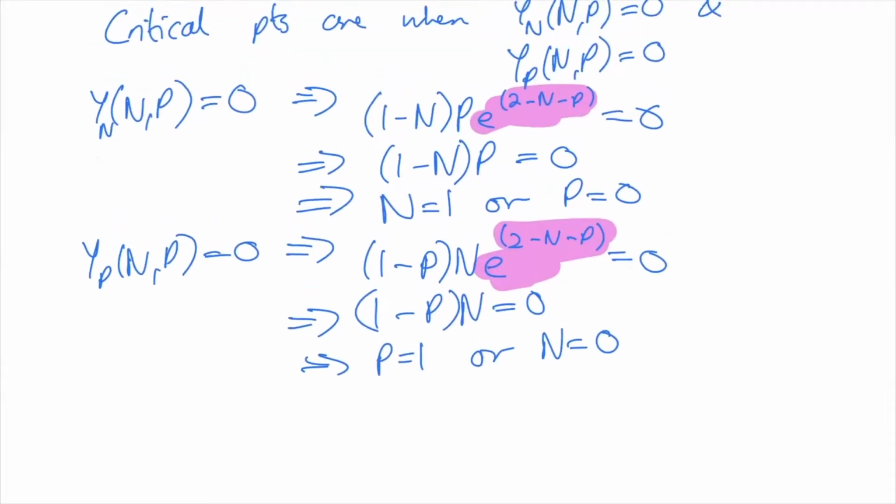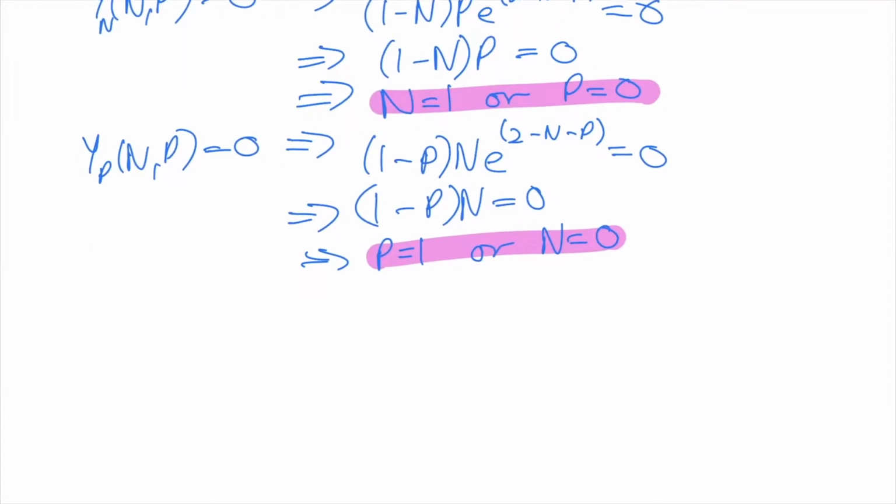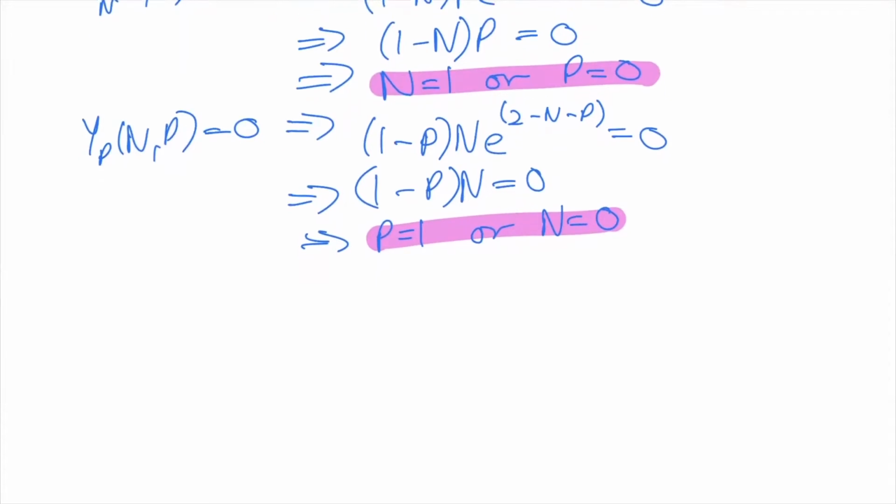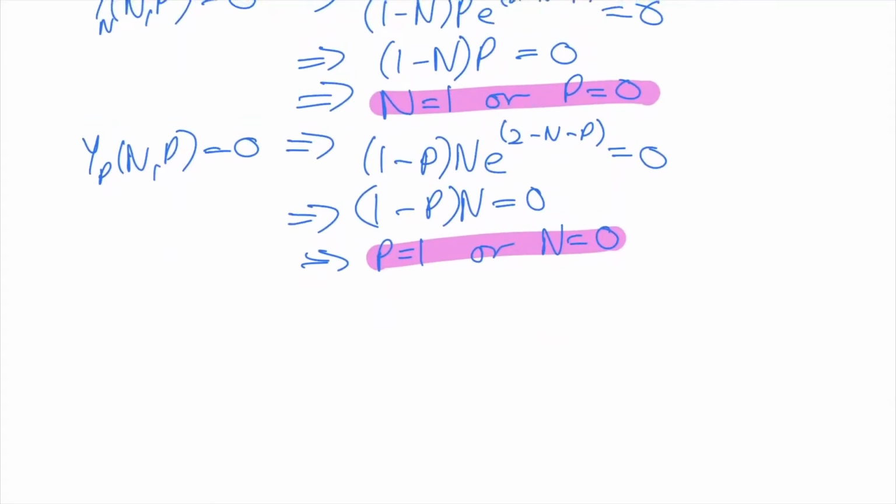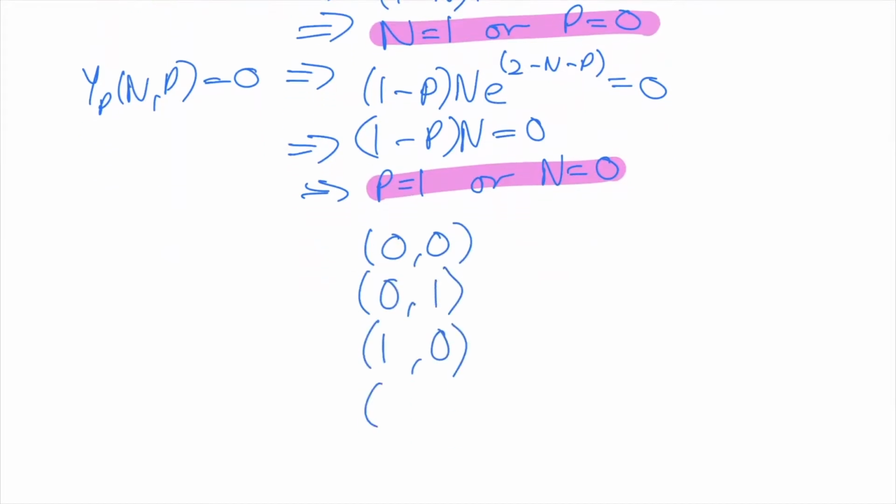Now, this has given me 4 values for n and p, or 2 values for n, 2 values for p. So we have these values here. Now, what we need to do is verify which combinations we can actually have. One of the mistakes that people make here is they say, oh, okay, well, we can have n equal to 0, p equal to 0, n equal to 0, p equal to 1, n equal to 1, p equal to 0, and both of them equal to 1.